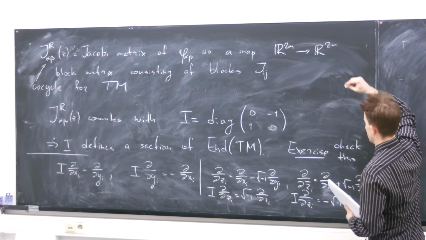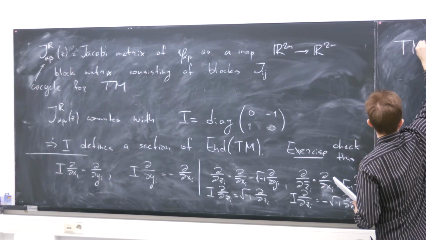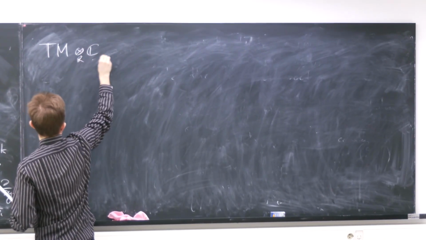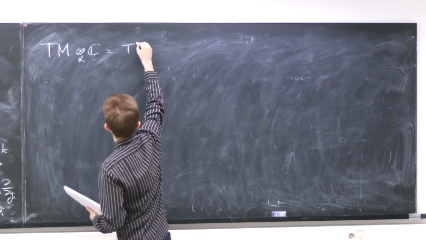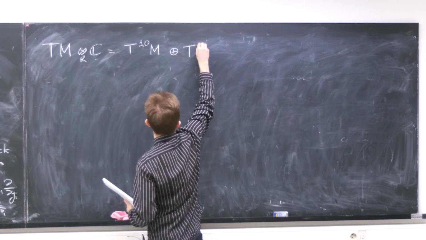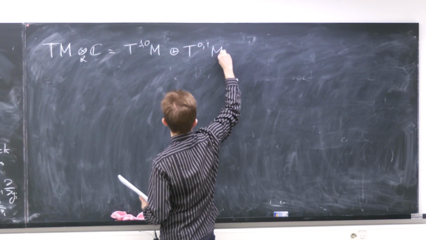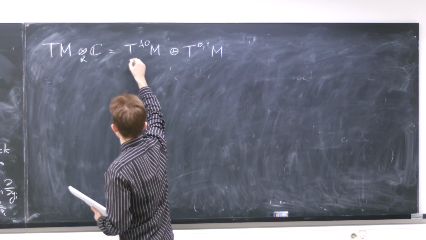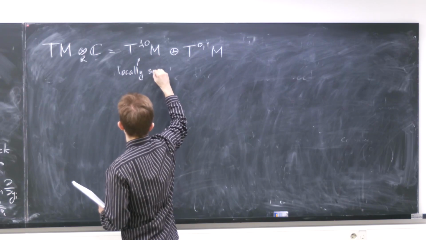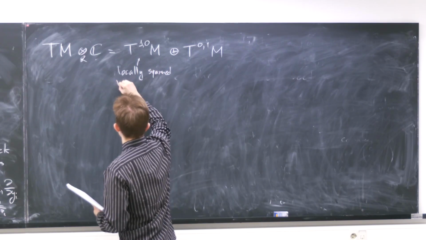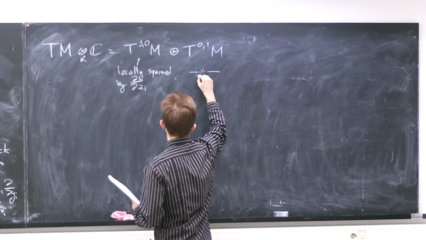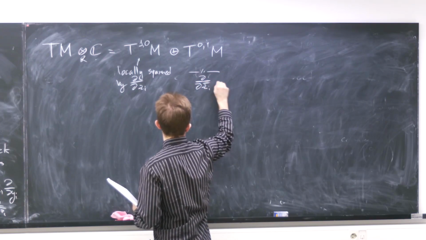Okay, so then the complexified tangent bundle will be the direct sum of T10 M and T01 M. So this subbundle is locally spanned by d over dzi, and this one by d over dzi bar.